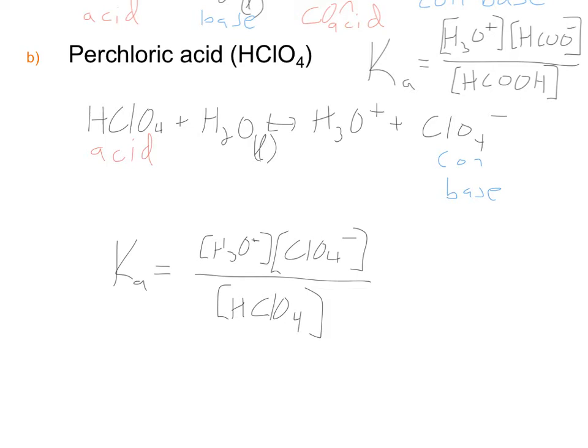If my perchloric acid is the acid, that means my water is acting like a base. It's accepting the hydrogen, which turns it into hydronium, a conjugate acid. And that's my acid particle. Hydronium is the same as hydrogen. That's what an acid is. So it's a conjugate acid.